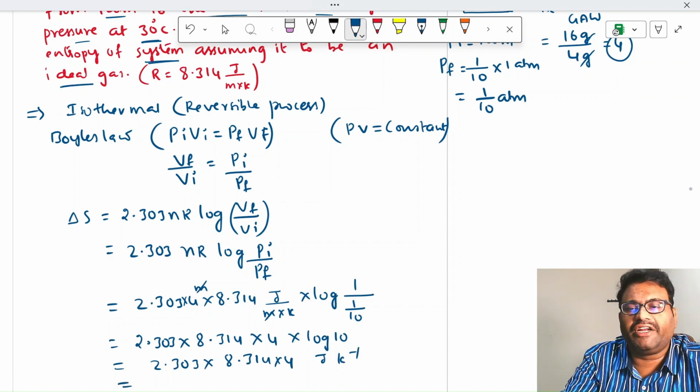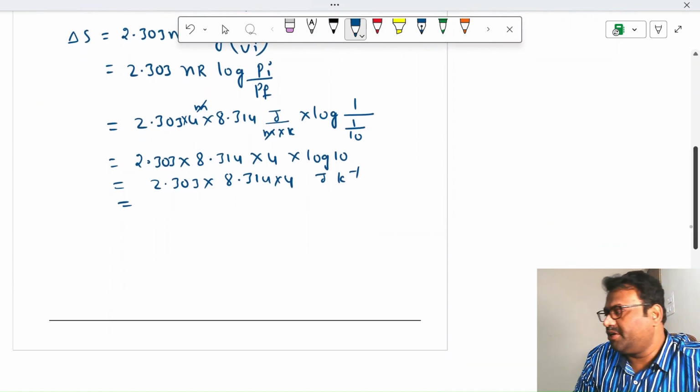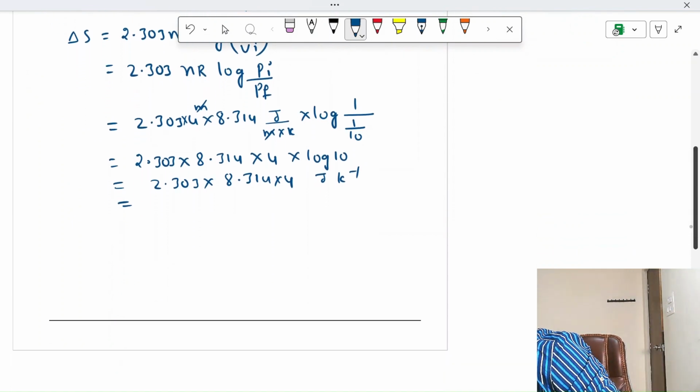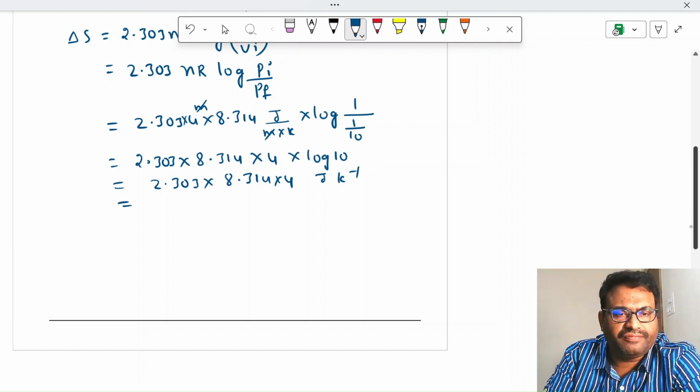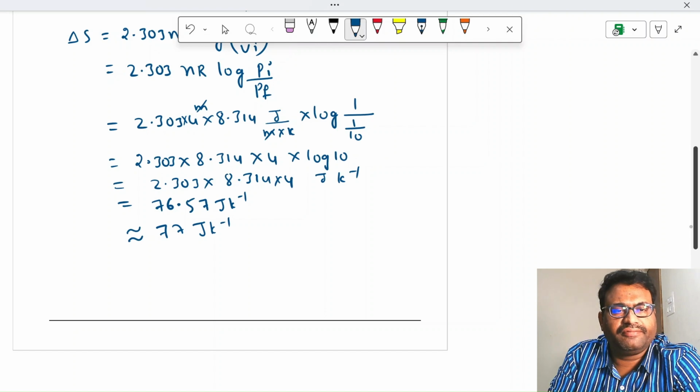So approximately you will get 76.57 joule per Kelvin. So nearest integer is 77 joule per Kelvin.